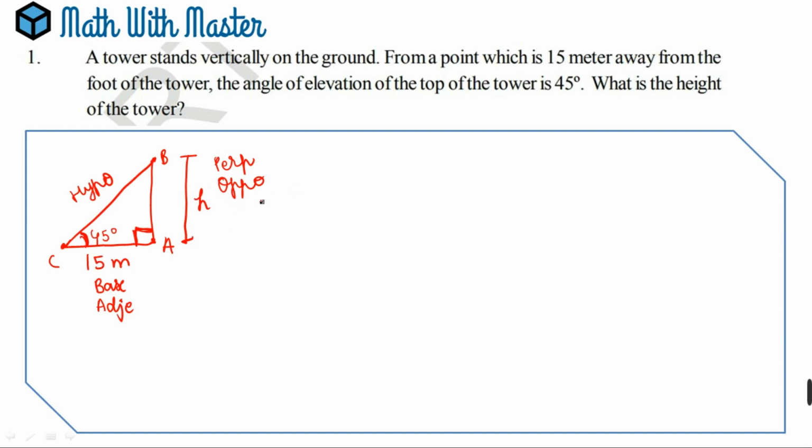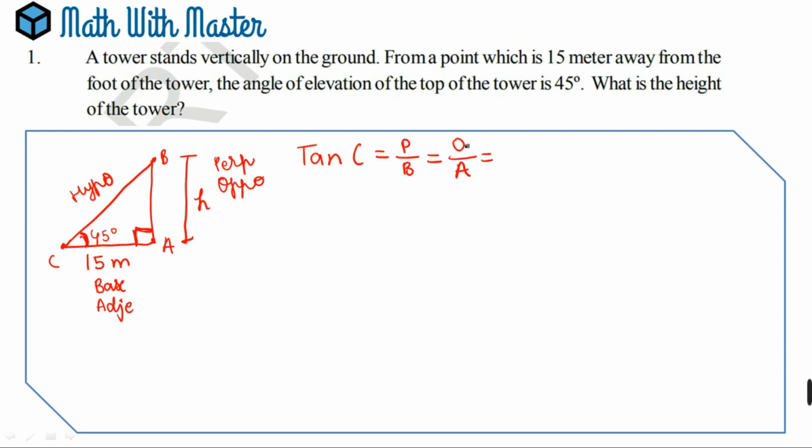So by this we can find two trigonometric ratios, which are cot theta and tan theta. We can proceed with our answer both ways, but we will go here with tan theta. So tan C is equal to perpendicular upon base, or opposite upon adjacent.